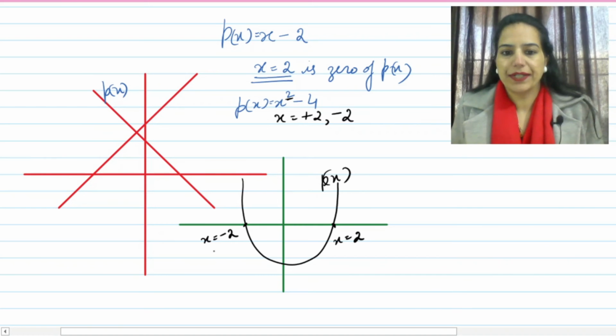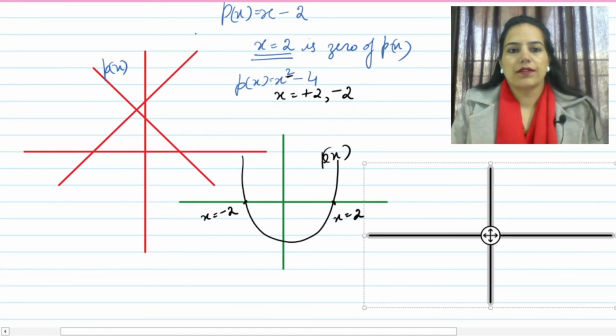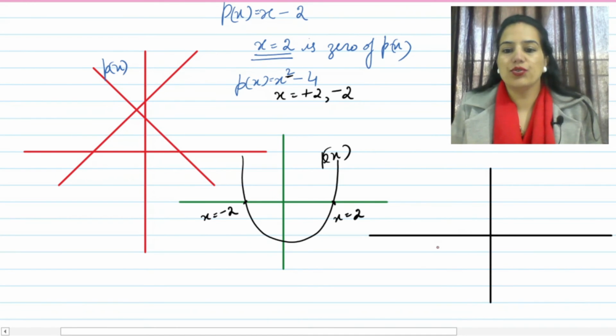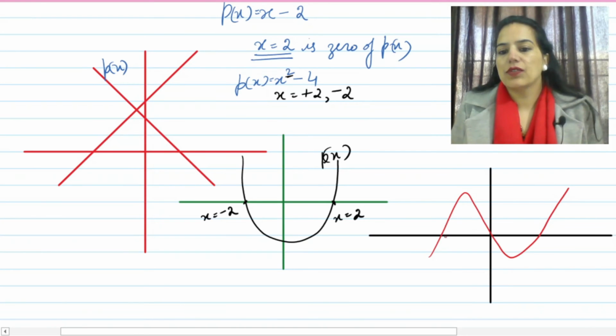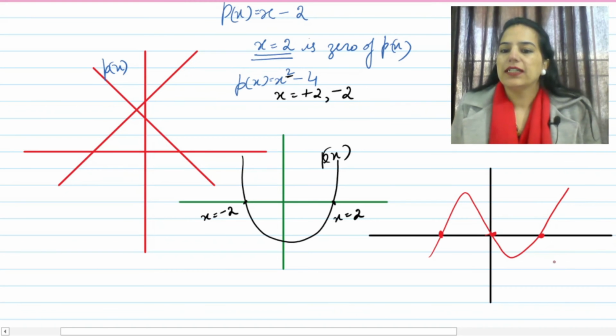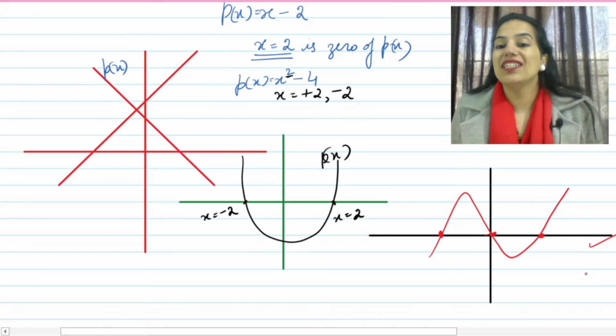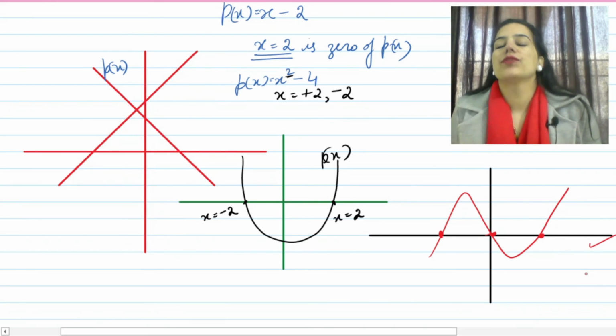Let's look at a cubic. For a cubic, usually the graph goes like this. So now if you see here, there are 3 points, one here, and one here. That means for a cubic polynomial, if you draw the graph, it will touch the x-axis 3 times. There are 3 zeros.